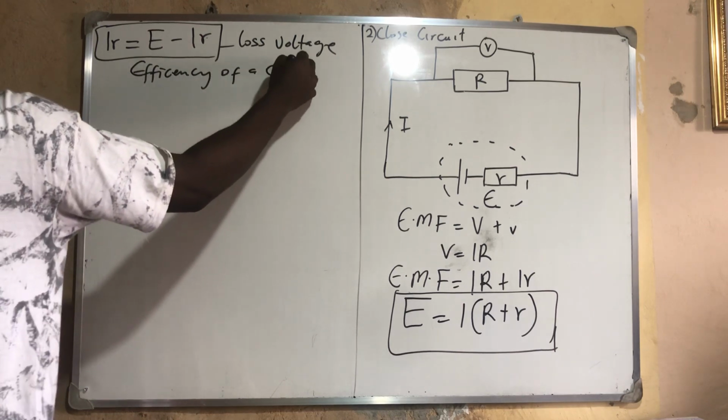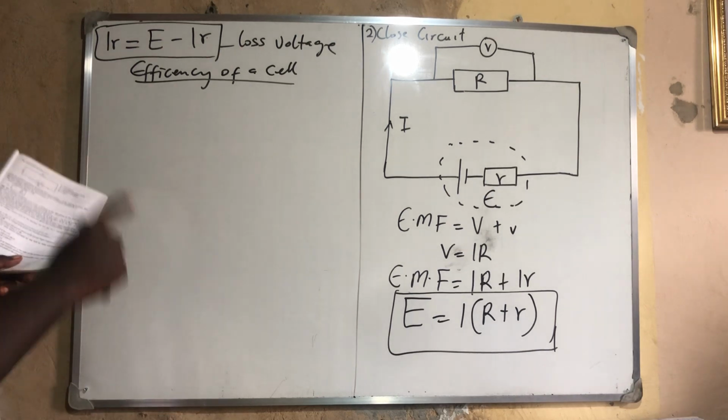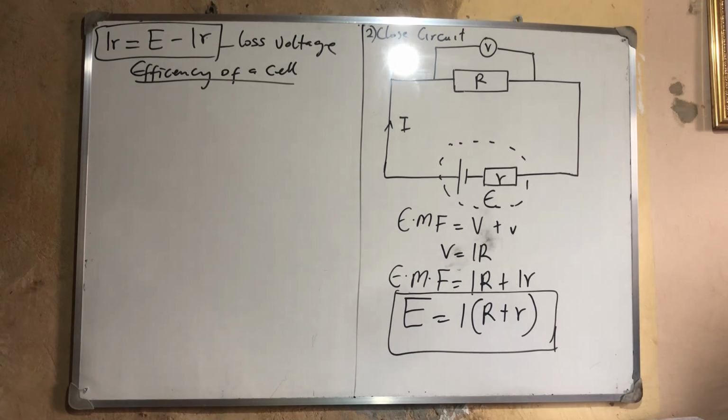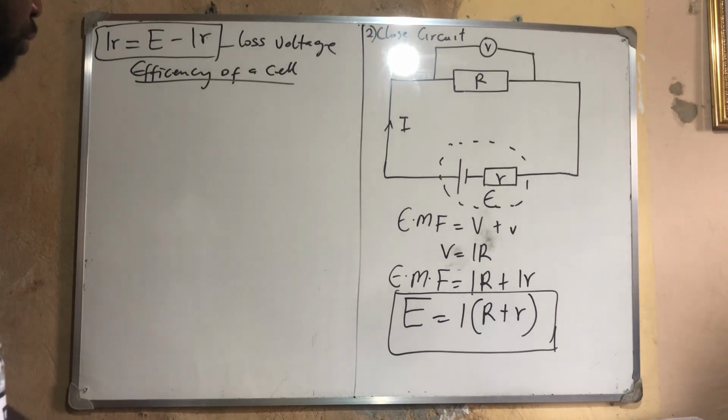of a cell. Now, the efficiency of a cell is equal to the ratio of the power output to the power input. Please, the output first before the input. And don't forget efficiency in machines: it is power output all over power input, or work output over work input. The output must come first.